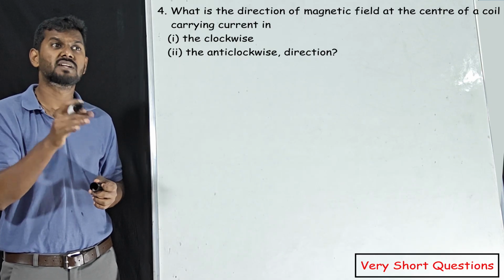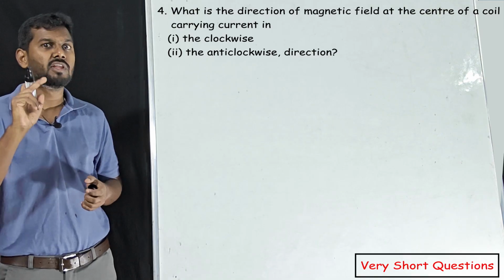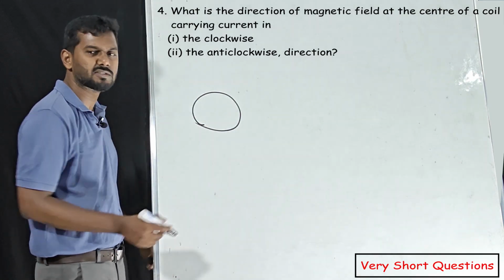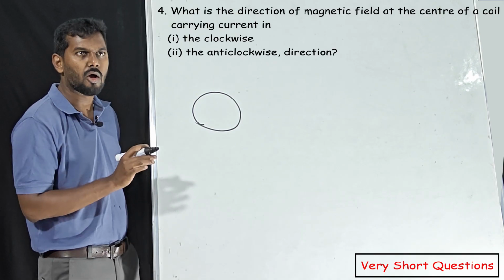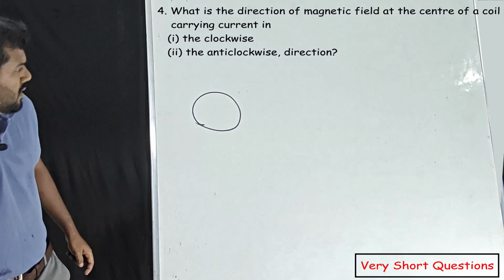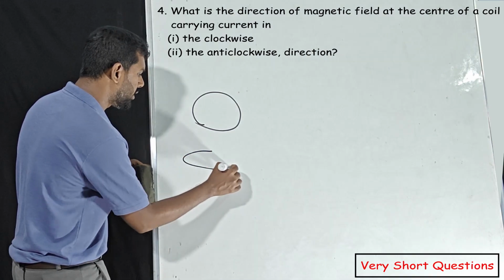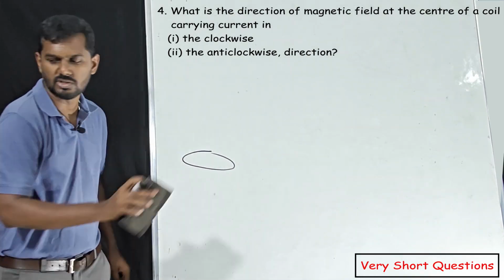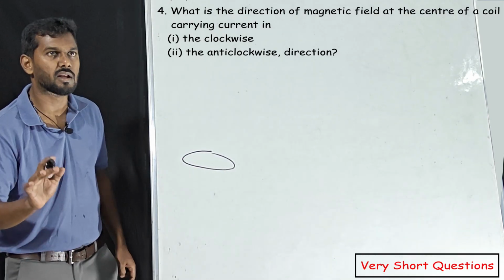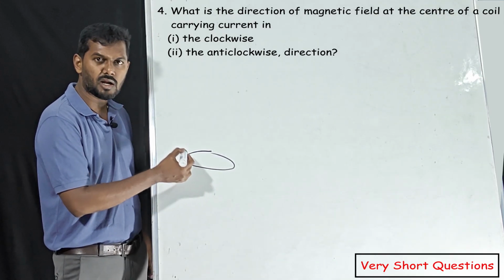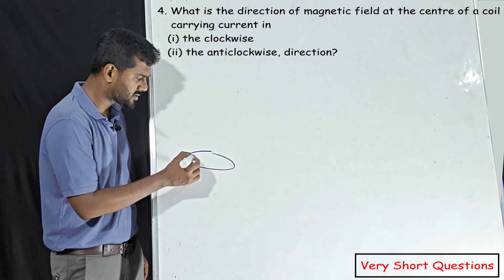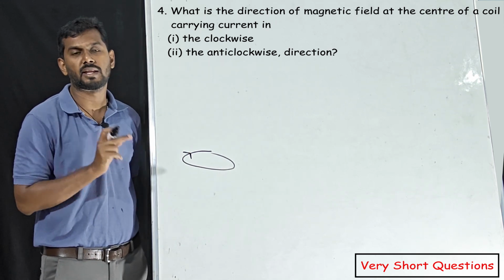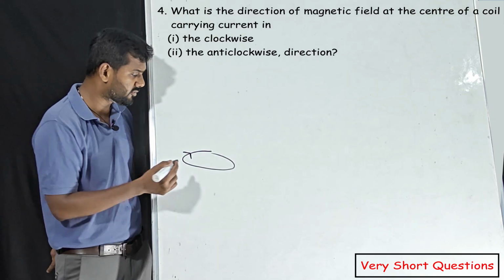First you need to understand what a coil is. A coil is nothing but something circular in shape. If you draw it vertically, it is different. Draw it like this, a coil held horizontally, then you will understand. Now if the direction of current is clockwise, what is the direction of magnetic field at the center of the coil?